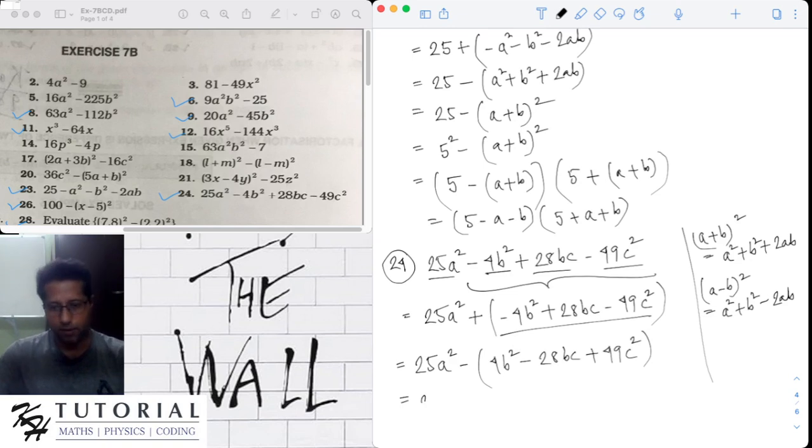Okay, so I have 25a square. Now minus, so I can see now it is of the form a square plus b square minus twice ab, because 4b square is 2b whole square, 49c square is 7c whole square, and 28bc is 2 into 2b into 7c.